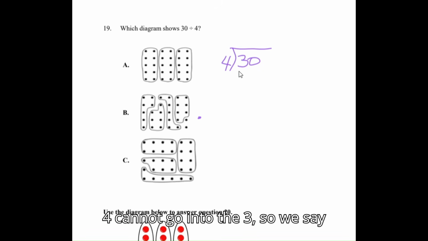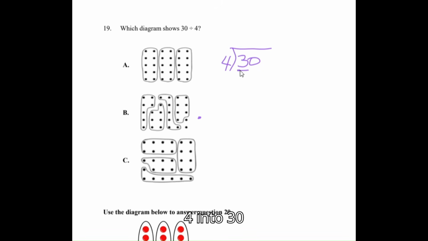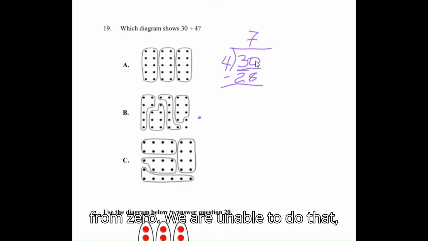4 cannot go into the 3, so we say 4 into 30 goes 7 times. 7 times 4 is 28. So we're going to subtract 8 from 0.